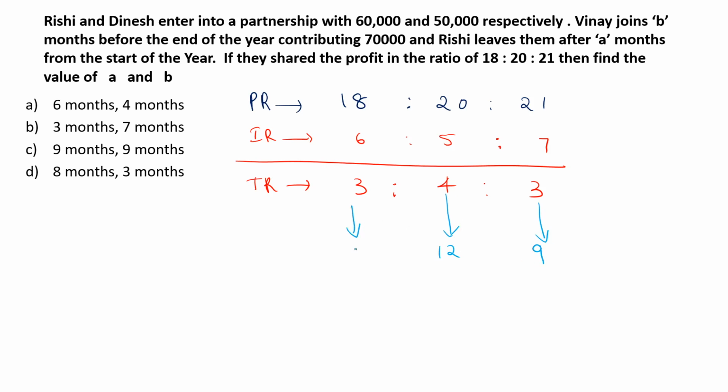That means Rishi is in the business for 9 months, Dinesh for 12 months, and Vinay for 9 months. We need to find the value of A and B. Vinay joins B months before the end of the year, so the value of B is 9, and the value of A is also 9. Option C, 9 months and 9 months. This is the best way.